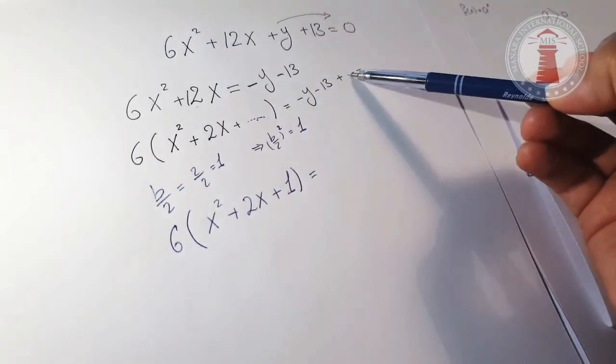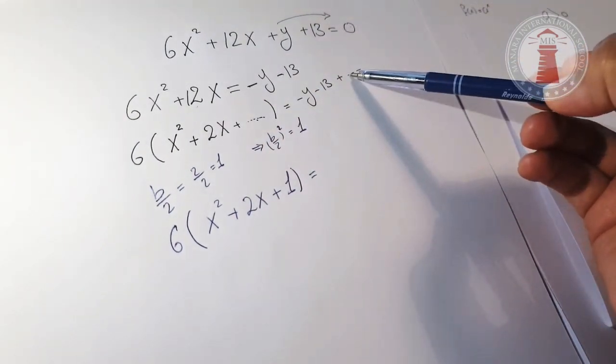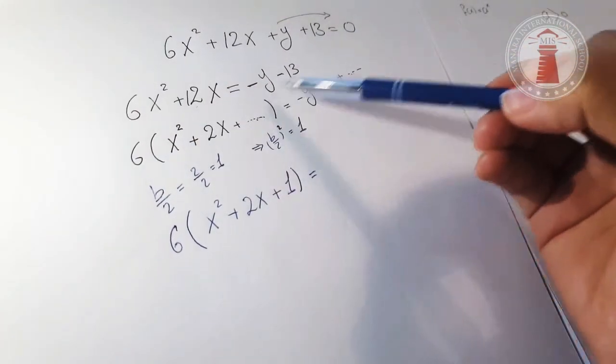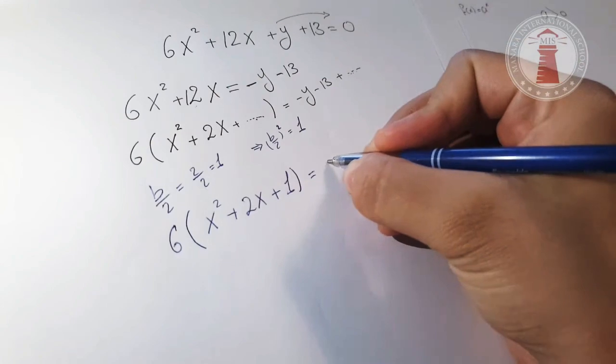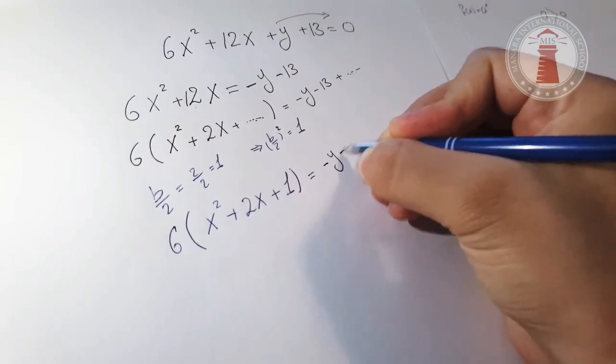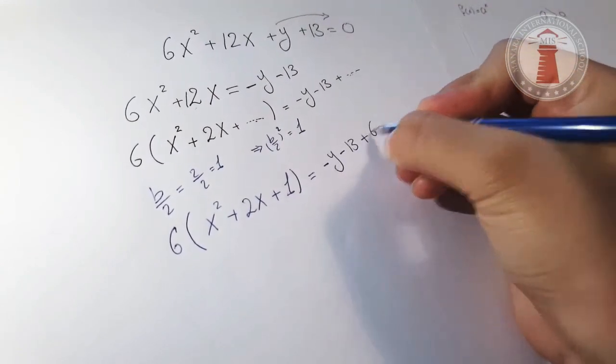So here you have the whole number, which is 6 multiplied by 1, which is 6. So here we're going to add 6, so we'll have minus y minus 13 plus 6.